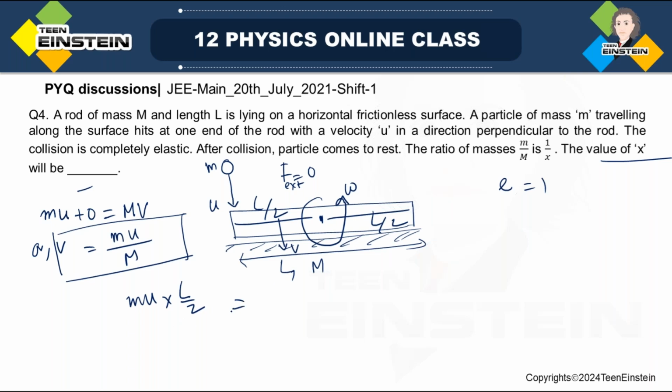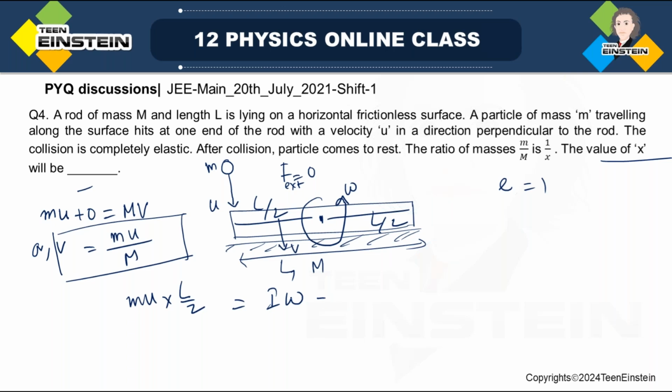This is the moment of linear momentum, that is equal to the angular momentum. So angular momentum is equal to I omega, if omega is the angular velocity of the rod. So I have got this equation as well.